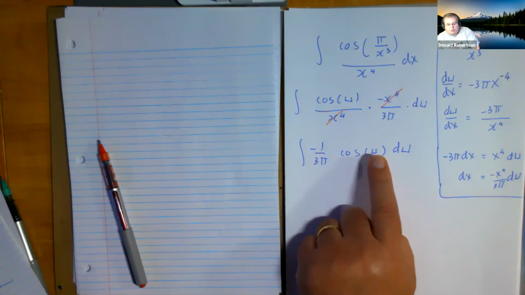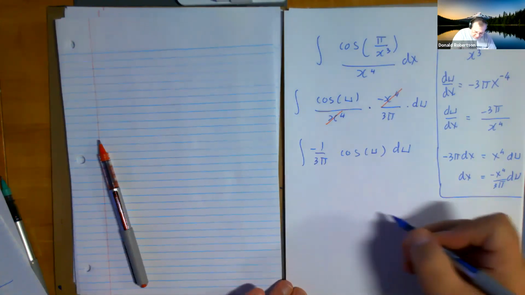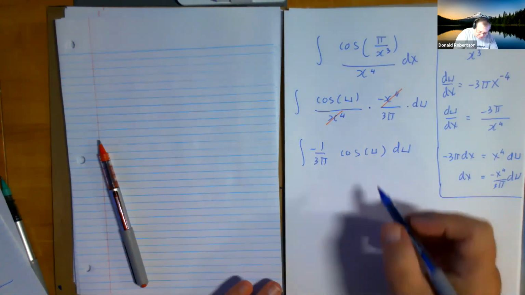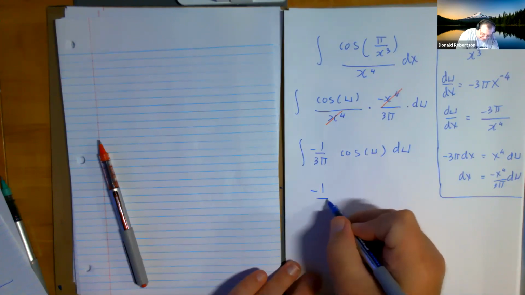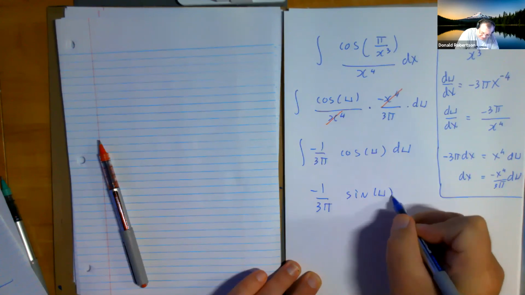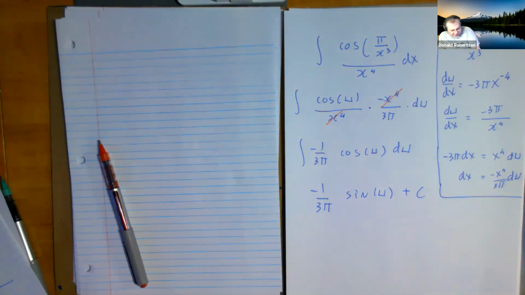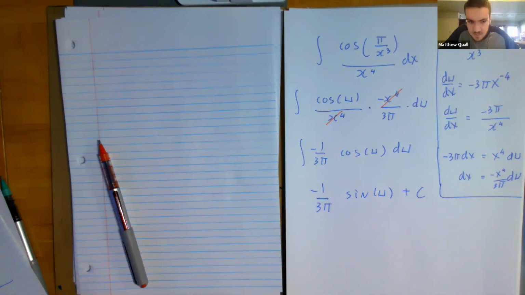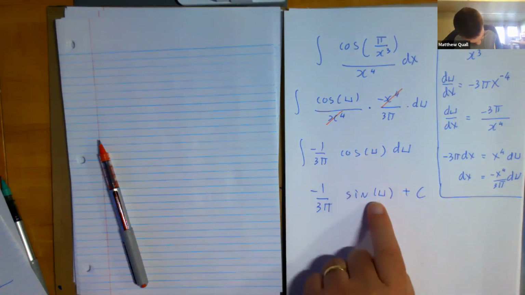And this guy, we know how to get its antiderivative, but be careful. Is it plus or negative 1 over 3 pi sine u? Negative. Correct, because when you do an antiderivative of this, don't you get that?